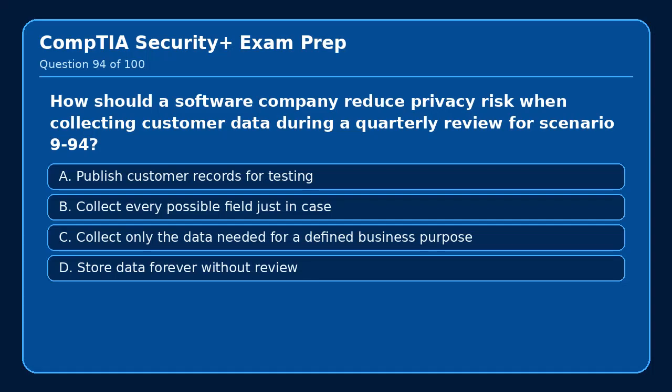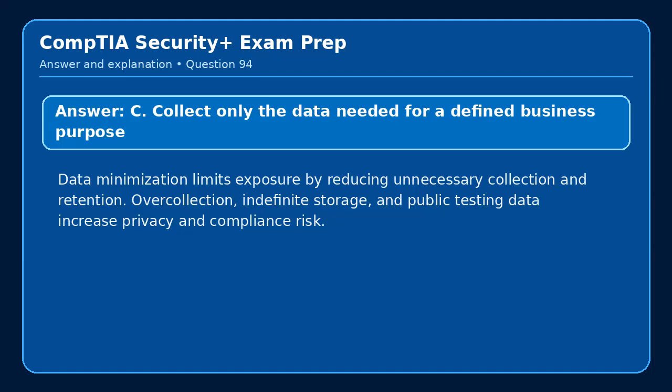Question 97. How should security analysts protect confidentiality when a regional clinic shares regulated reports with a contractor during a pilot deployment? A. Send the files through an unsigned public link. B. Encrypt the files and restrict access to authorized recipients. C. Store the files without permissions for faster access. D. Publish the files on an internal wiki.